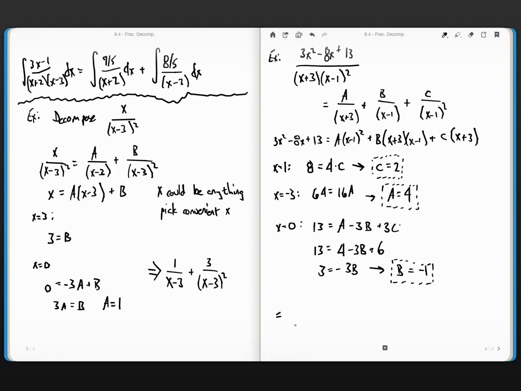But this will break down into, let's see, a is 4 over x plus 3, plus b is -1 over x minus 1, and then finally, let's see, c is 2 over x minus 1 squared. So here is our final answer.